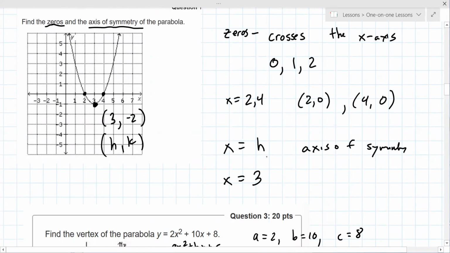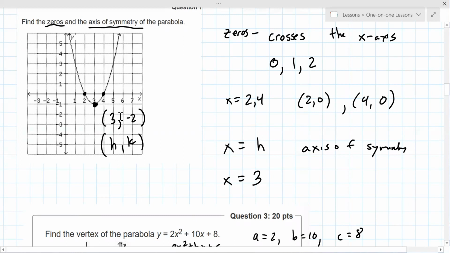Your x. X of what? Where else is H written in this screen? Your axis of symmetry, it's right here. What is H referring to? 3, which is your axis of symmetry. And your K is -2.